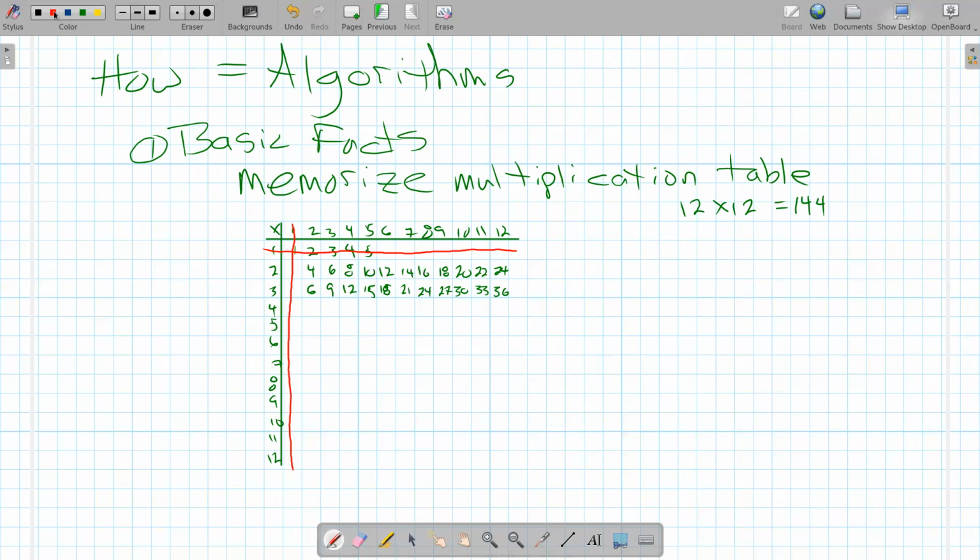We're not going to do all of them right now. 4, 8, 12, 16, 20, 24, 28, 32, 36, 40, 44, 48. And the 5s, 10, 15, 20, 25, 30, 35. Okay, this is getting boring.